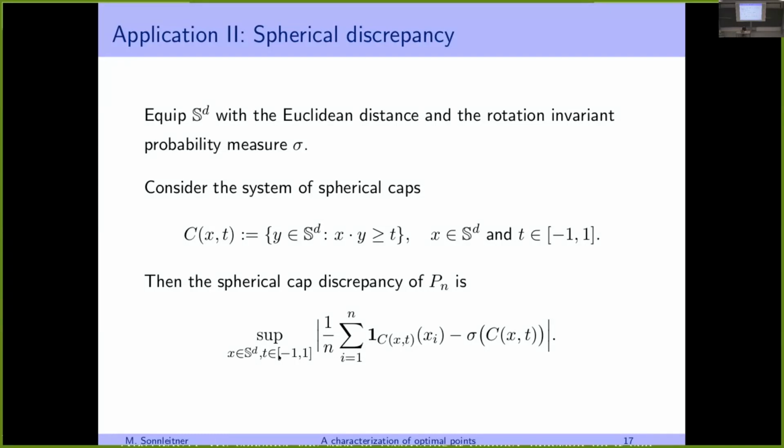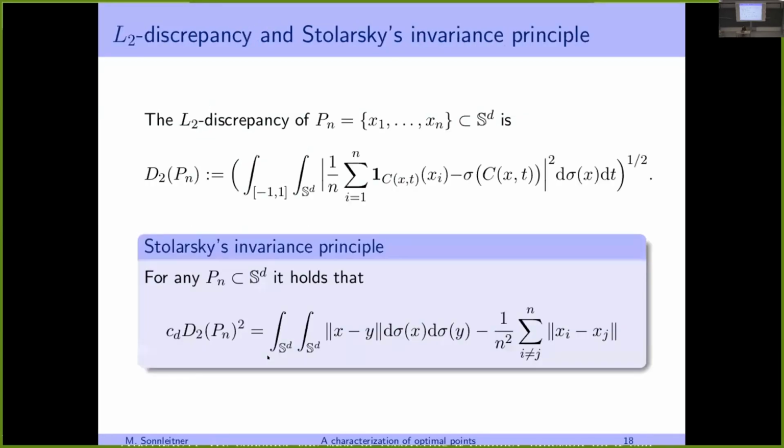And now for the L2 discrepancy, one does not take the supremum, but in fact the L2 norm over this parameter space. So for the L2 discrepancy, we have the following expression. It's written down here, as before, but instead of the supremum, an L2 norm.